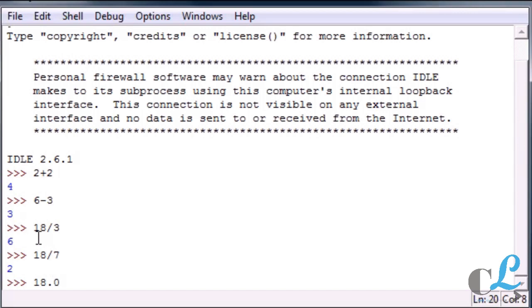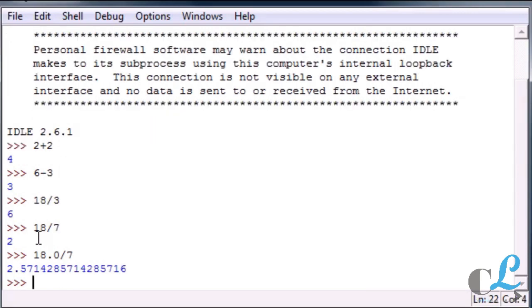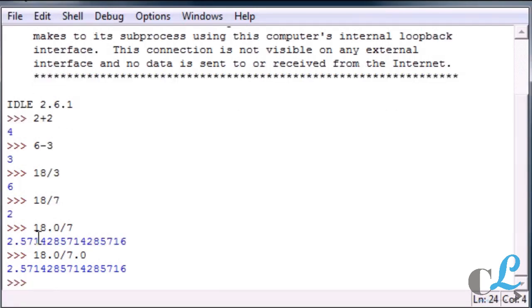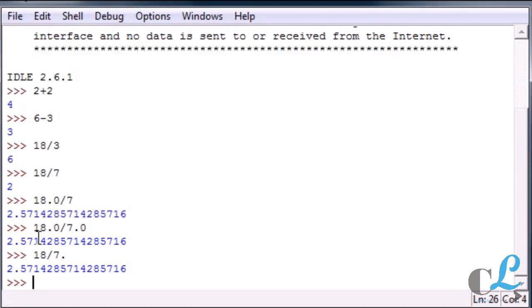So 18.0 divided by 7, that will give you your answer. You can also do 18.0 divided by 7.0, and that will give you your answer. Or even 18 divided by 7. and just put a point, and that tells Python that you want a decimal point as your answer, and that'll give you your float answer too.